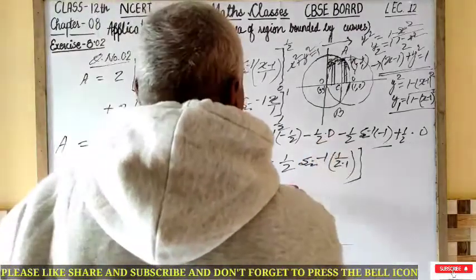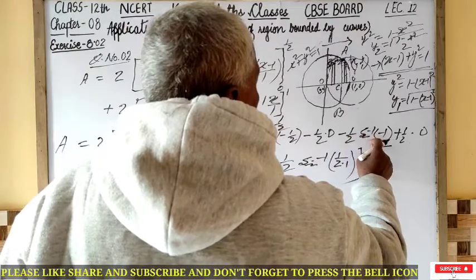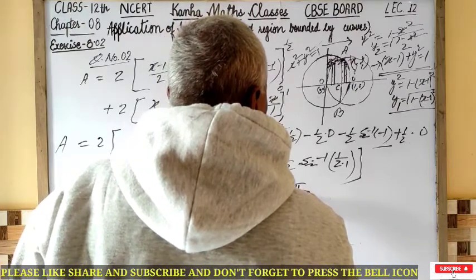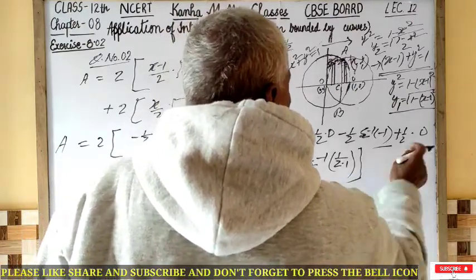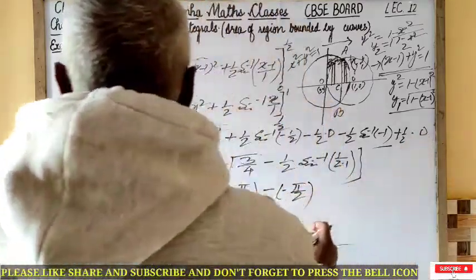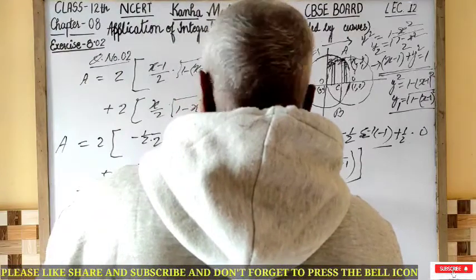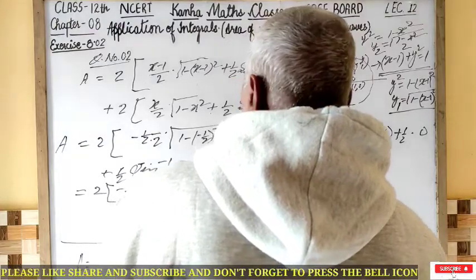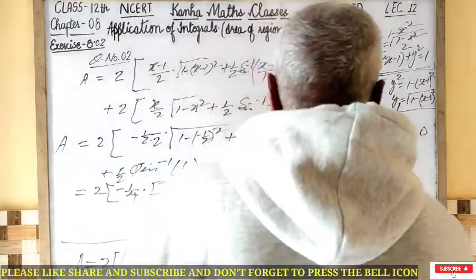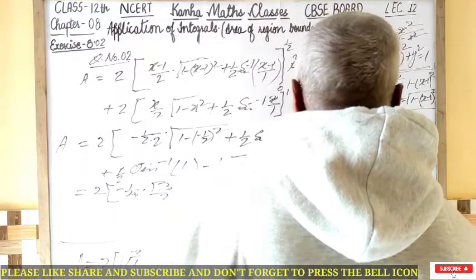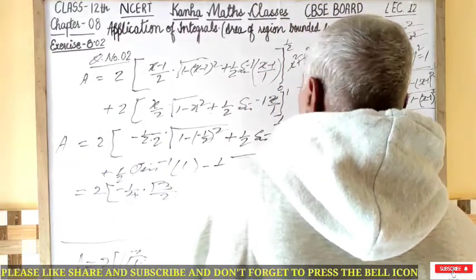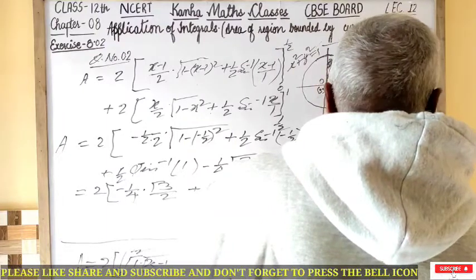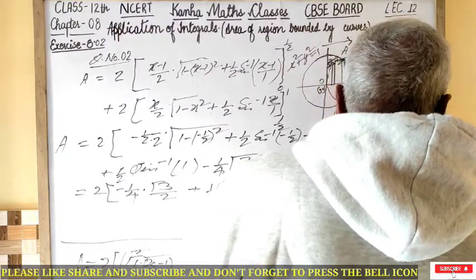This 0 minus sine inverse of minus 1 means minus pi by 2, plus 0, plus 1/2 sine inverse 1 means pi by 2, minus 1/4 root 3 by 2, minus 1/2 pi by 6.